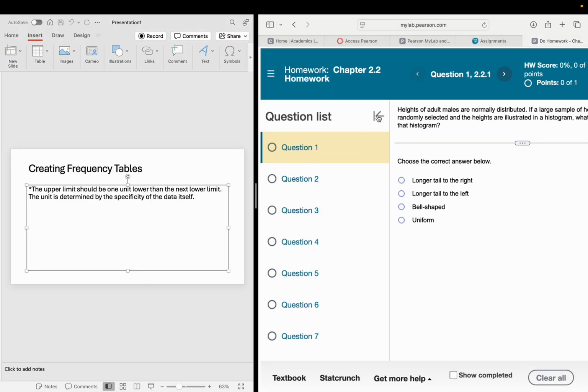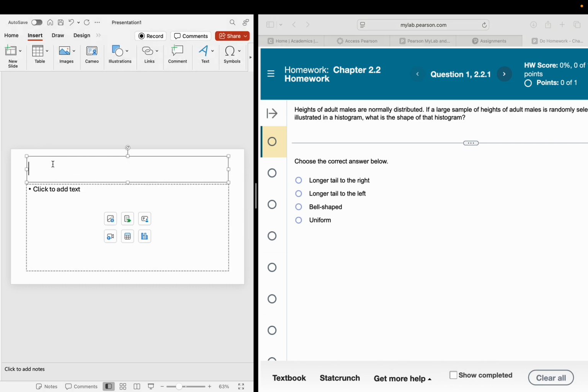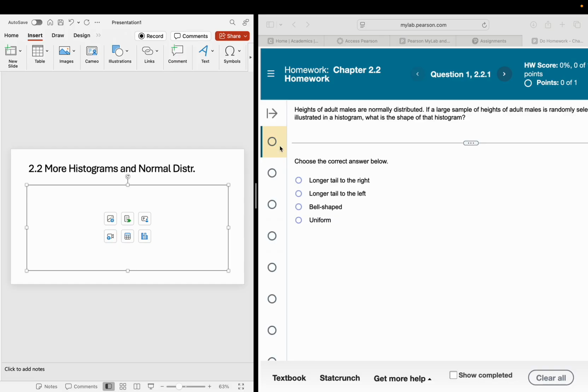All right. Up next, we're going to talk more about the normal distribution. So, 2, more on histograms and the normal distribution. One thing we can say is, if data is not normal, it may be skew left or skew right.